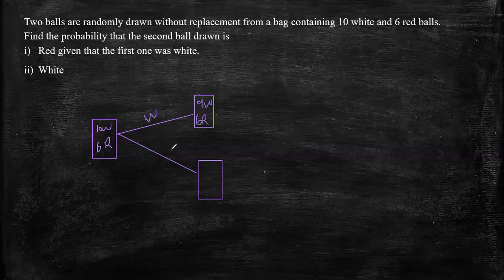Then suppose we picked red, what remains in the bag? 10 white balls and 5 red balls. So that is the first picking. Then we again pick for the second time.